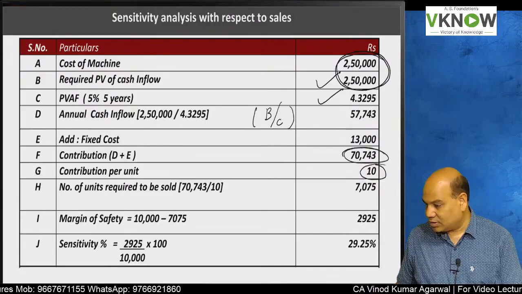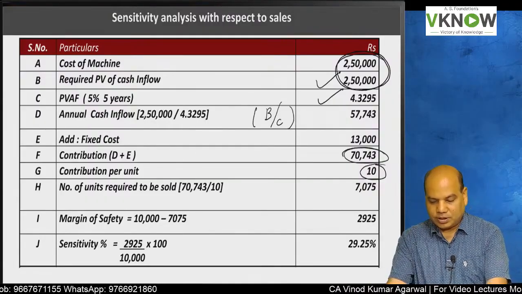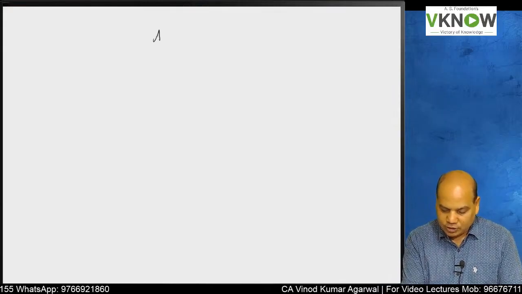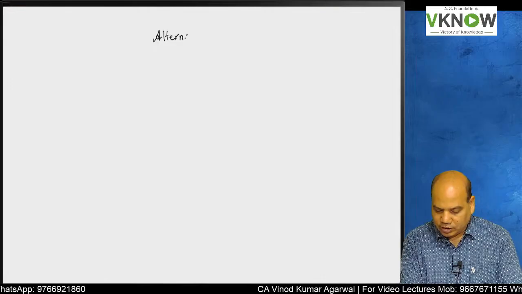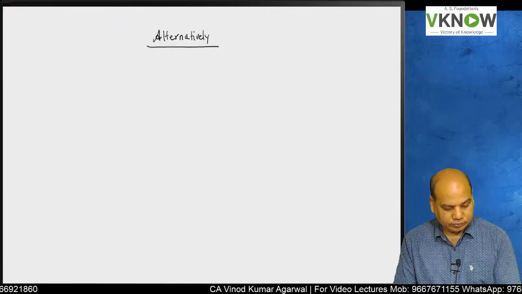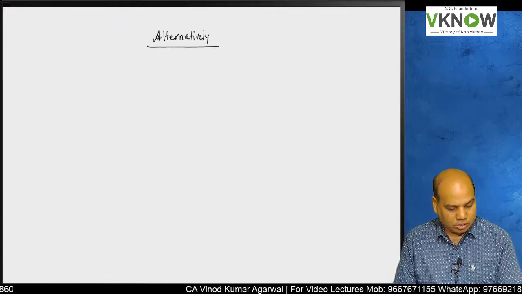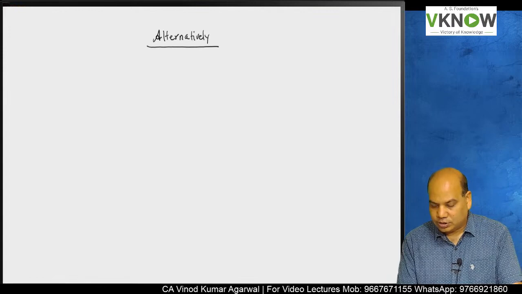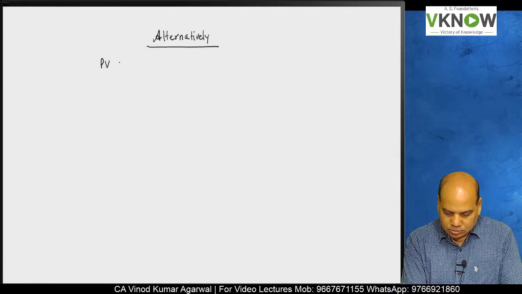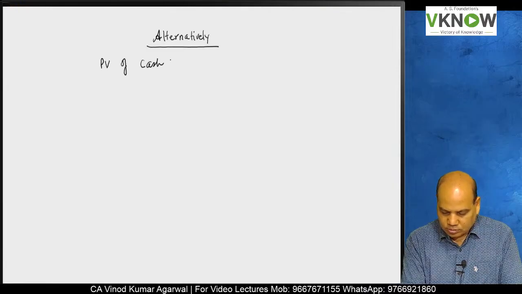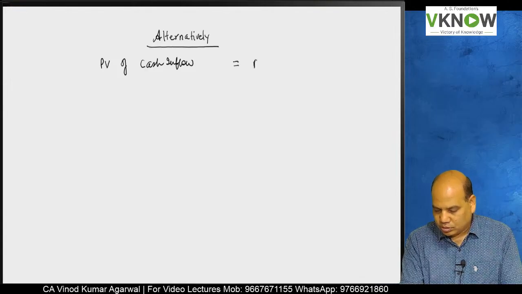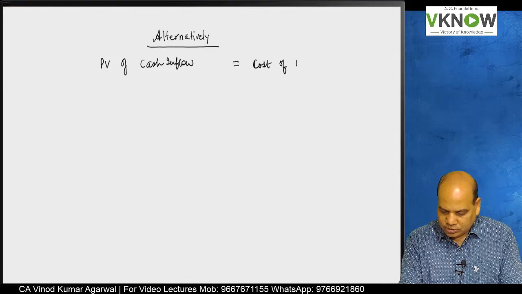Okay, very good. Let us solve this part again by one equation, in case you are interested in solving an equation. Alternatively, we'll write an equation: PV of cash inflow is equal to cost of the machine.